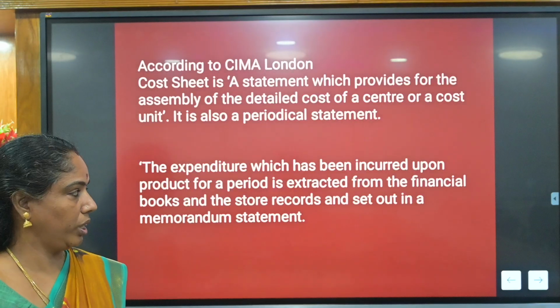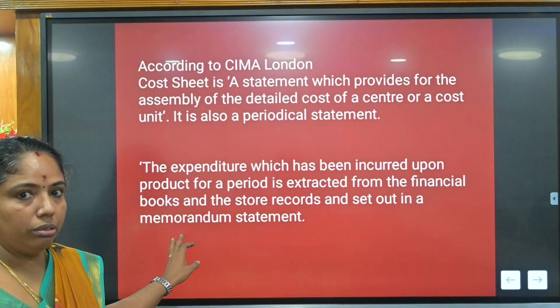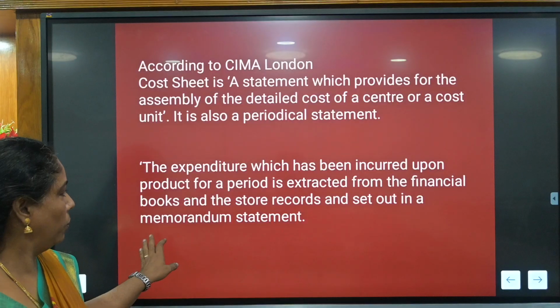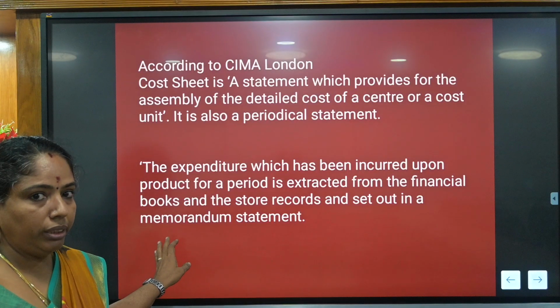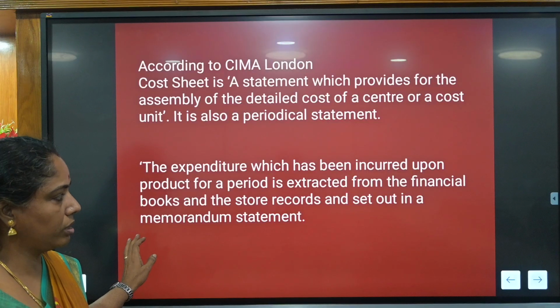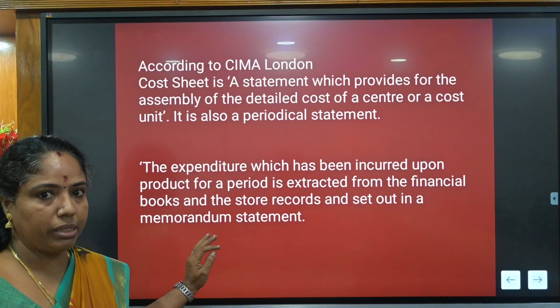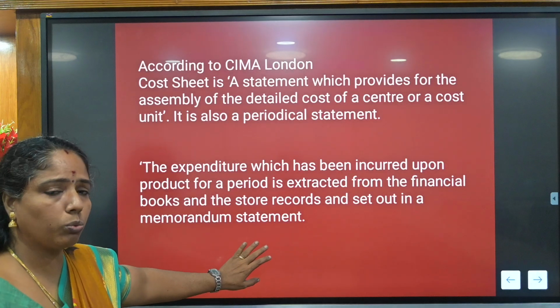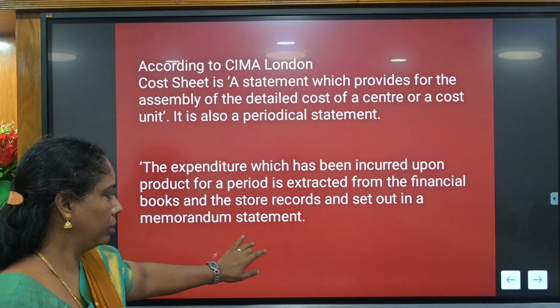The expenditure incurred upon the product for a period is extracted from the financial books and the store's records and set out in a memorandum statement. This is what cost sheet is about.